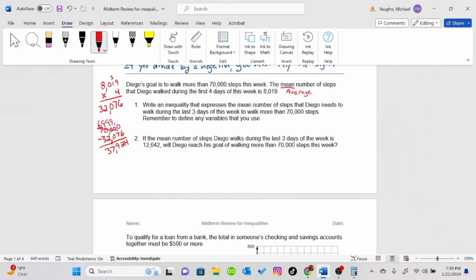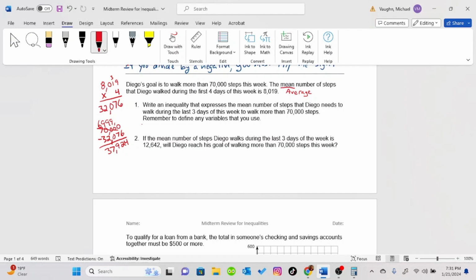Number 1 says write an inequality that expresses the mean number of steps that Diego needs to walk during the last 3 days of the week to walk more than 70,000 steps. So remember, we want to be more than this 37,924. And we want the mean, which is average, number of steps per day.